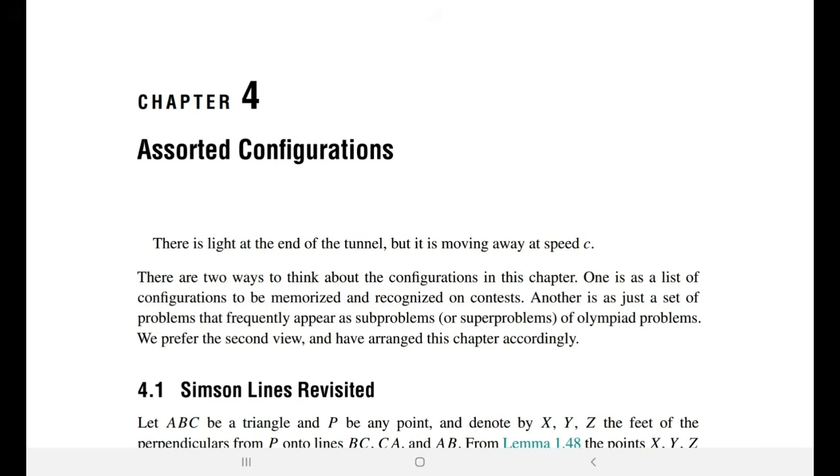So they are just like sub problems of other geometry problems. Anyway, right now what we'll be doing is the second view, because right now we don't know these theorems and lemmas yet. So we want to derive them with our hands, and then of course you can memorize these configurations and use them in other geometry problems.